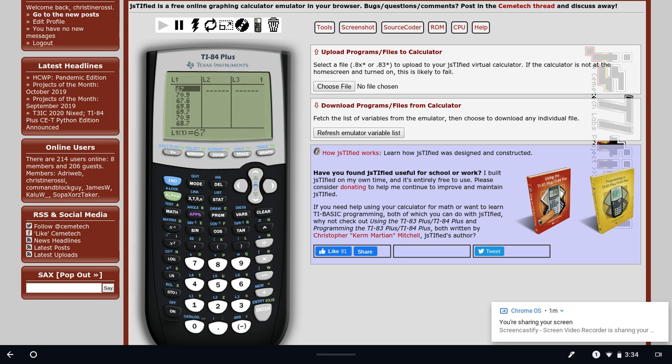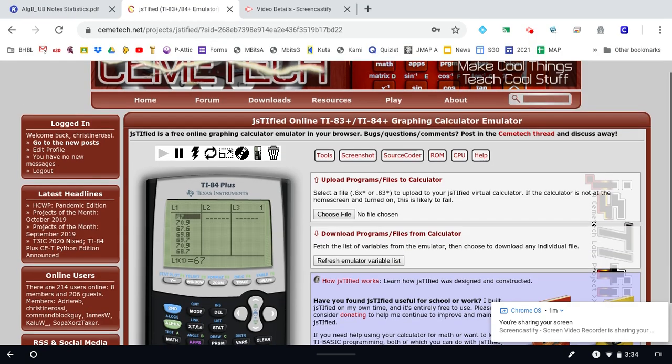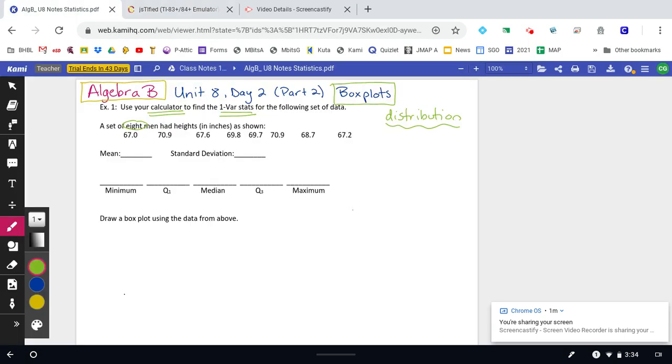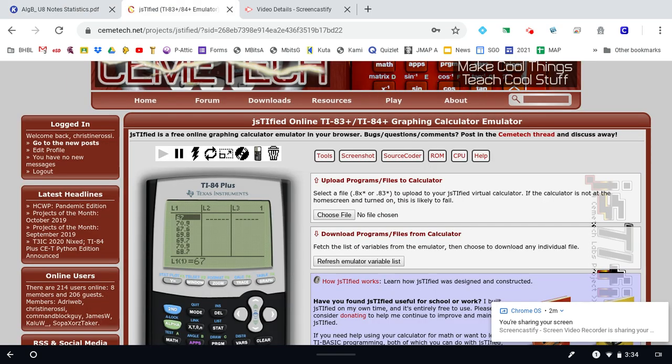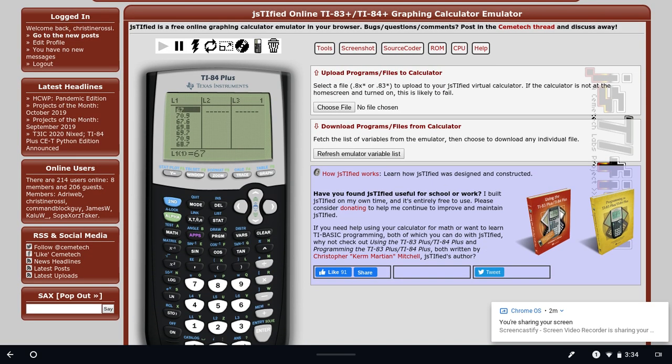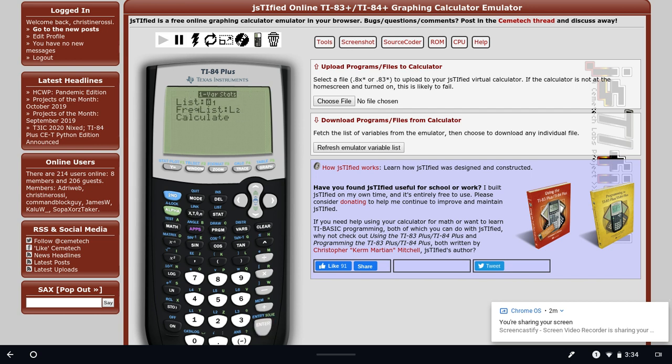Let's do one more check. So 67.0, 70.9, 67.6, 69.8, 67.9.